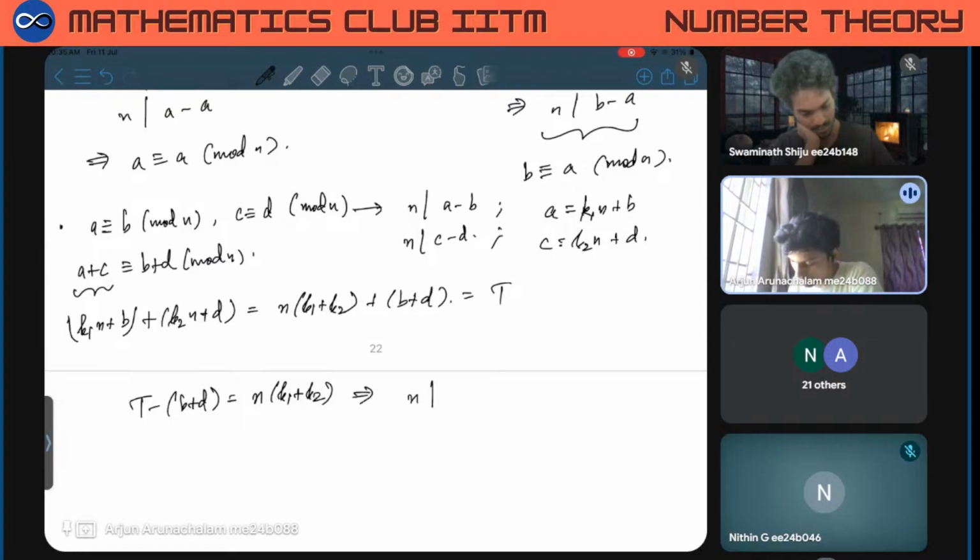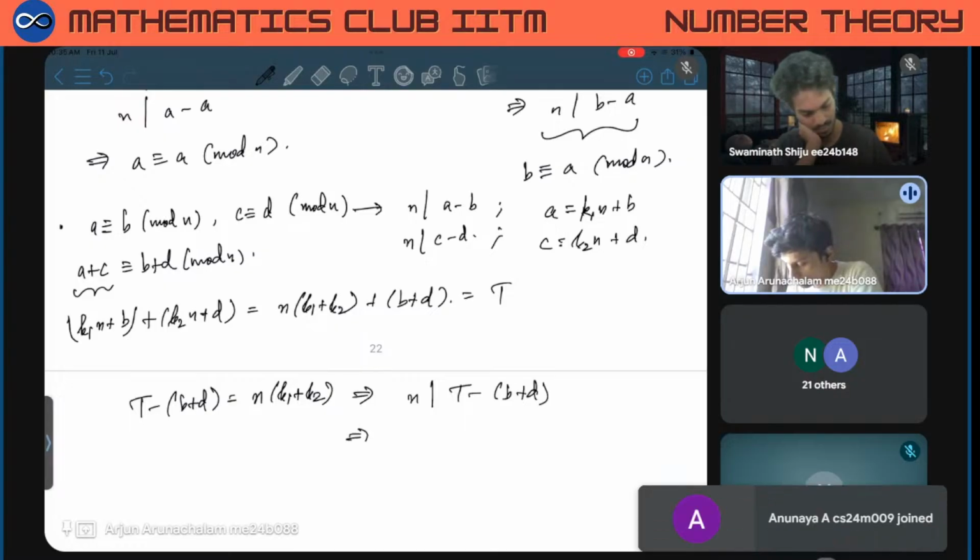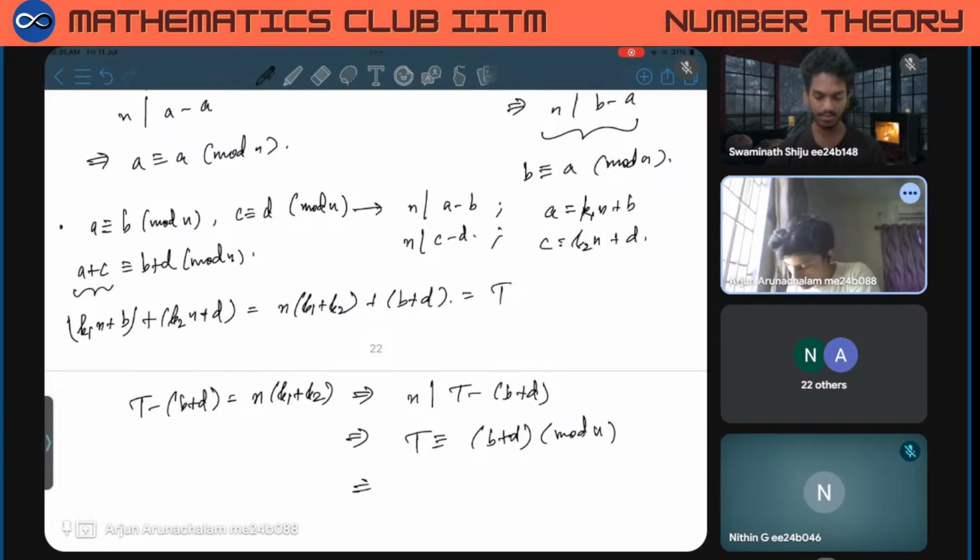So n divides T minus (B plus D). This implies T is congruent to B plus D mod n. So our T is just A plus C. So A plus C is congruent to B plus D mod n. Right.